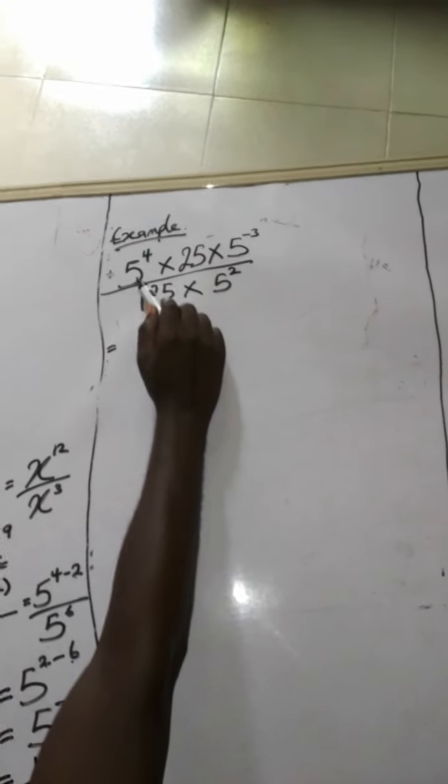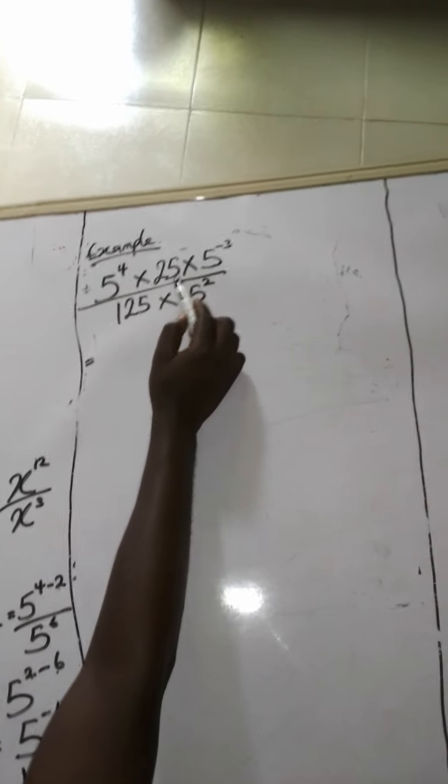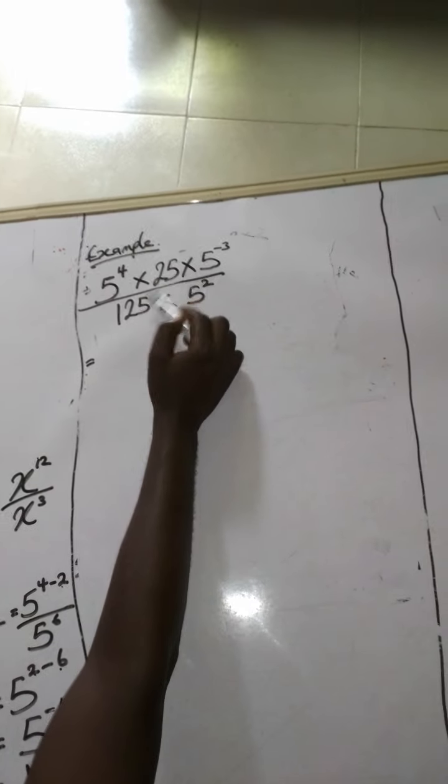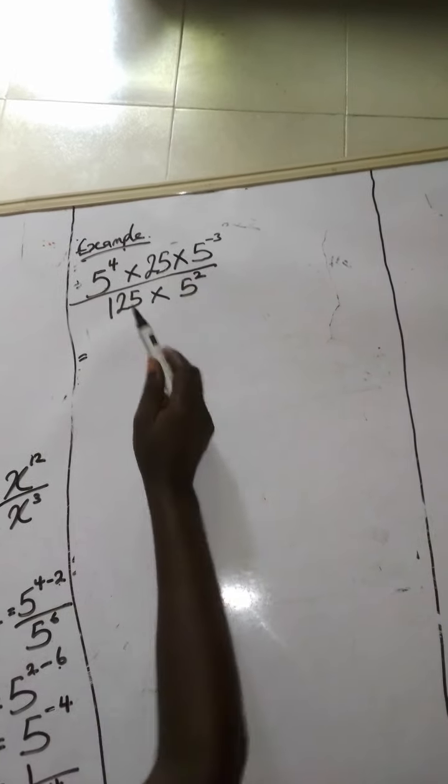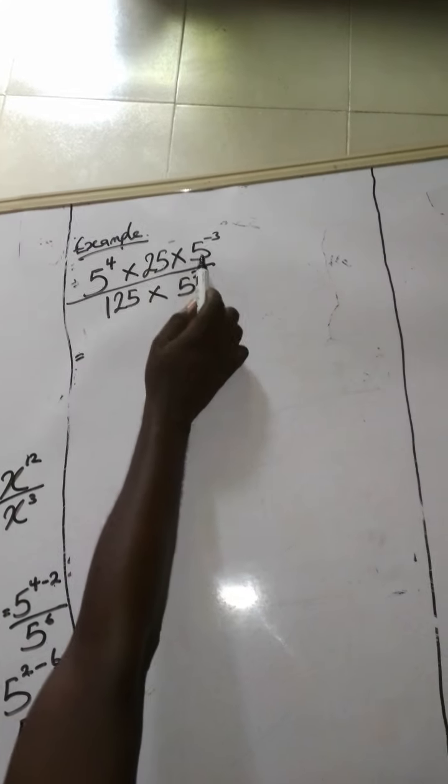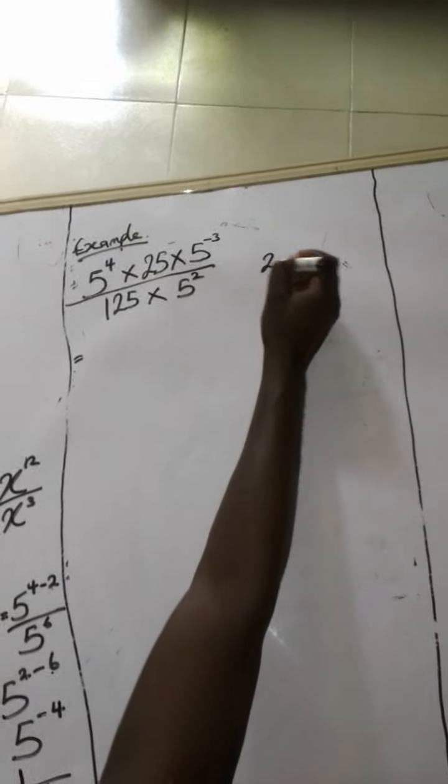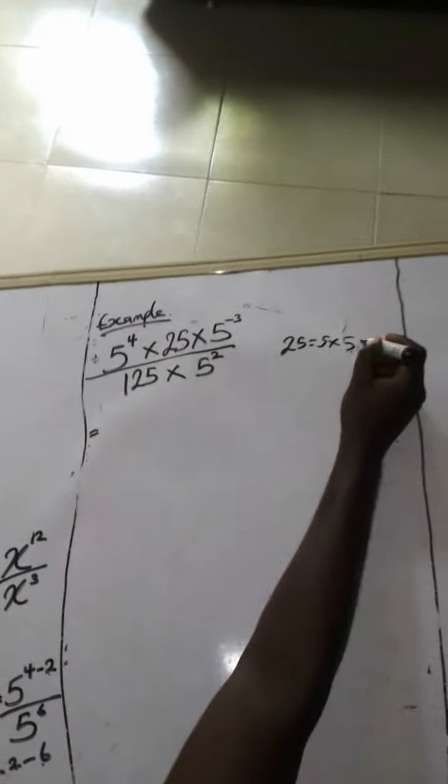Now let's do this. You can see that we have 25 here, we have 5 here, we have 125 here. But all these are factors of 5, which we can simplify so that we can have a uniform constant. Now 25 is the same as 5 times 5, which will give us 5 raised to the power of 2.